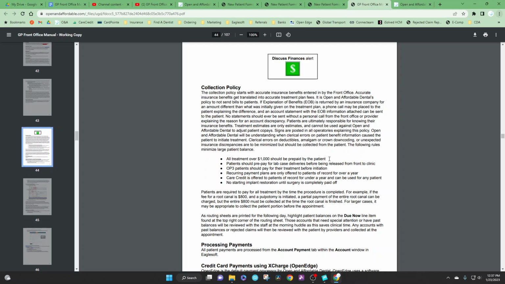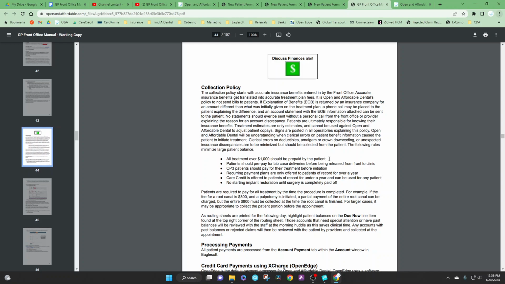Recurring payment plans are usually offered to patients that have been a patient of record for more than a year. Some offices are even getting away from this, but if you are going to be setting up a recurring payment plan, usually through CardPoint, you need to make sure that they've been a patient over a year.